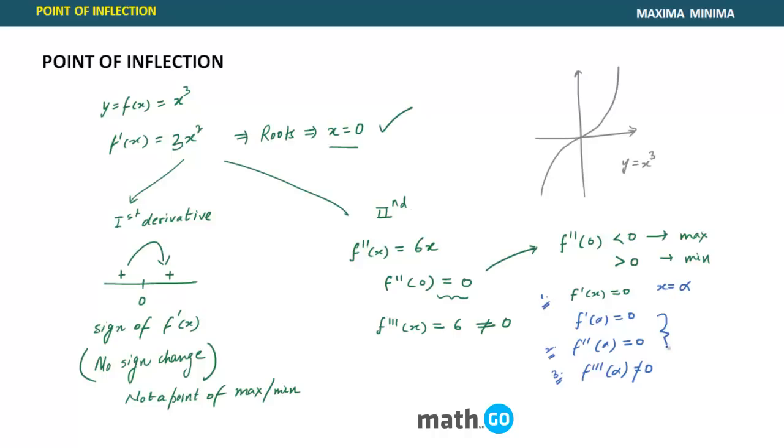This is the condition that x equal to alpha is a point of inflection. Very important. So this is what is meant by point of inflection. So for point of inflection, what you have to remember: f dash alpha equal to 0, f double dash alpha will be 0, but yes, f triple dash alpha will not be equal to 0.